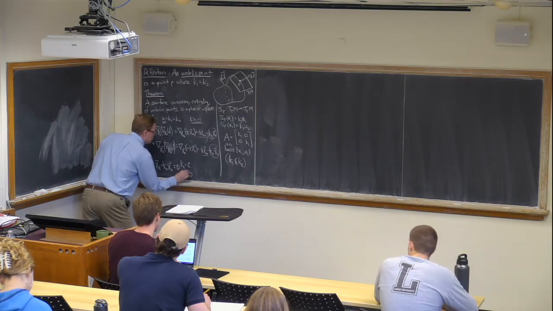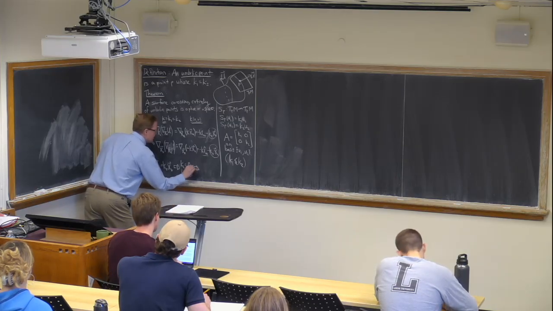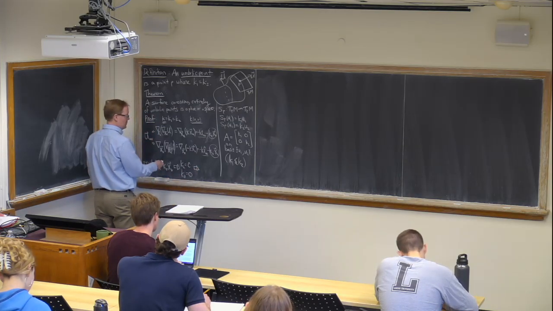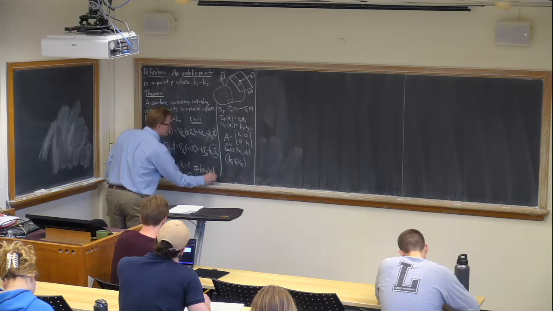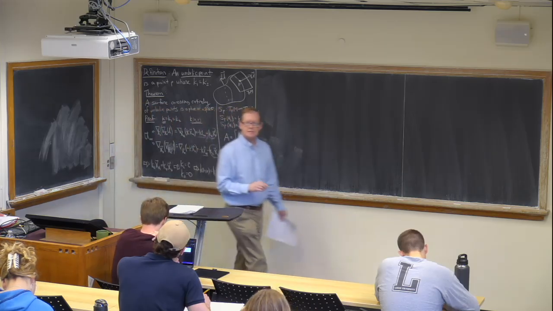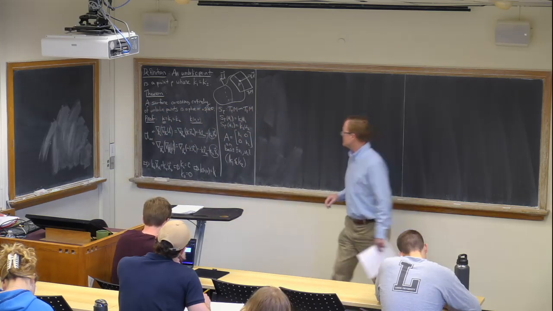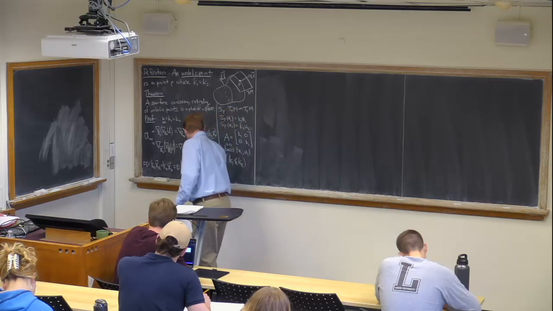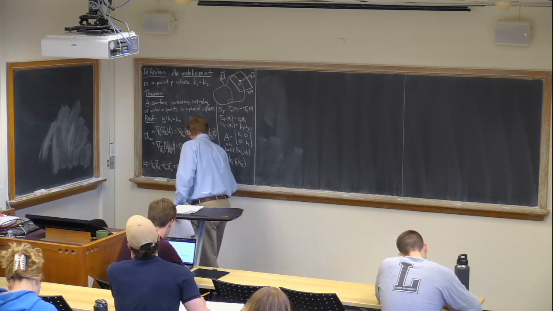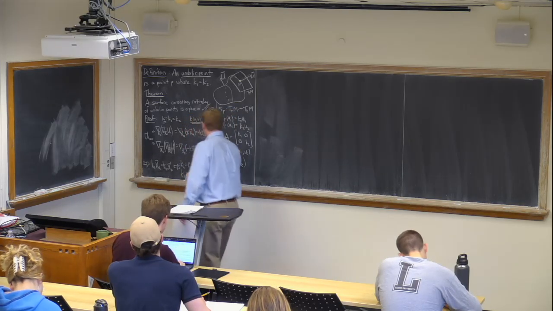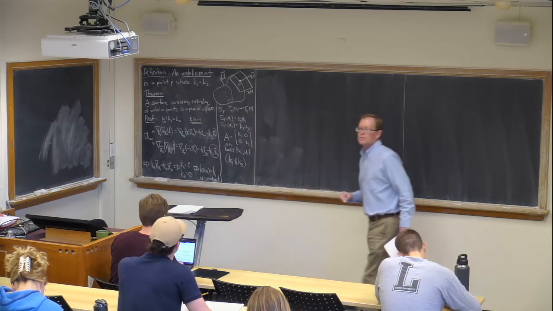But those are partial derivatives, and that's true everywhere. If the partial derivatives are 0 everywhere, then k of u comma v is equal to a constant k. It does not depend on u and v. So it's constant.